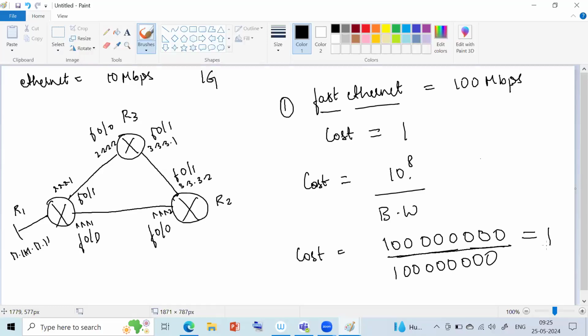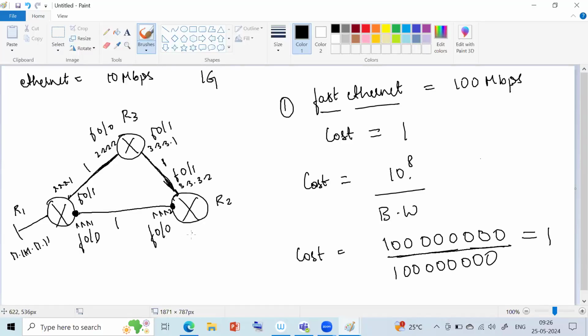So any Fast Ethernet interface, this is a Fast Ethernet link, right? The cost of this link is 1. The cost of this link is 1. The cost of this link is 1.